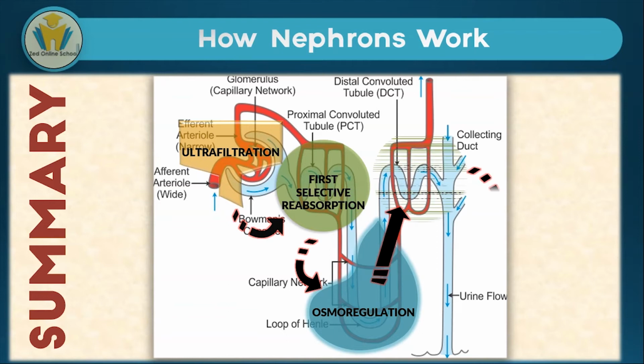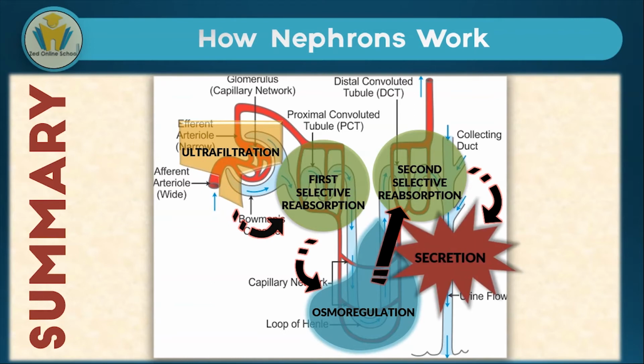The second last is the second selective reabsorption, where we've got salts being reabsorbed and some water being reabsorbed together with the salts. In the collecting duct, this is where the substance urine gets ready for excretion. You must note that in the collecting duct, sometimes water may be reabsorbed also.